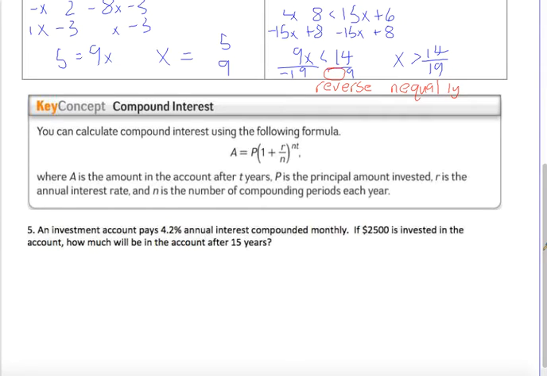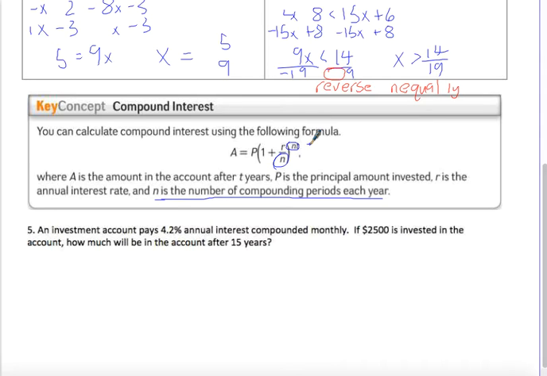The difference here is that we have this new variable n that shows up twice, and n is the number of compounding periods each year. So to compound means you add the interest on again. So you can see here we're dividing the interest rate by the number of times compounding, and then we're also multiplying it by the number of years. So it's really just splitting up the interest over some number of periods and then having that many periods.